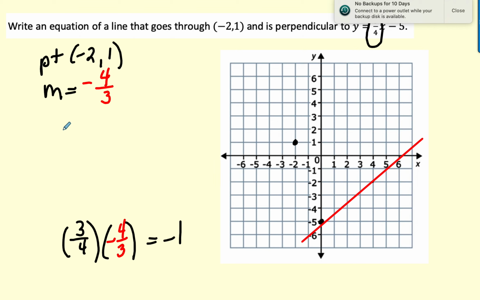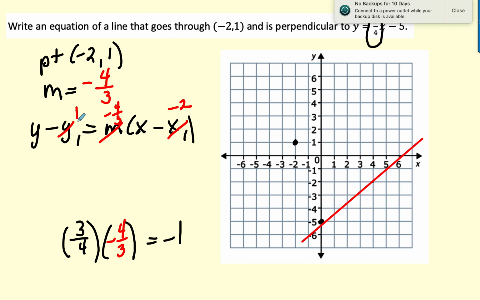Let's put up our point-slope form and substitute those values. We make the slope -4/3, the x value -2, and the y value 1. Let's clean it up. So now we have y minus 1 is equal to -4/3 times (x plus 2).